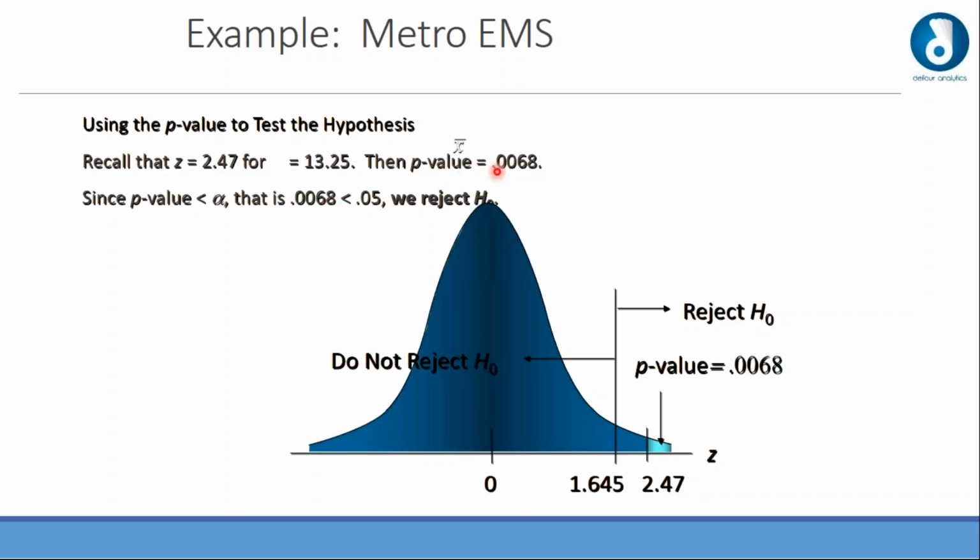Using the Z table we have found that the p-value is 0.068. So again it is less than 0.05, so using the p-value also it is falling in this range. So we can safely reject the null hypothesis, and we can say this Metro EMS is not meeting the goal of 12 minutes.